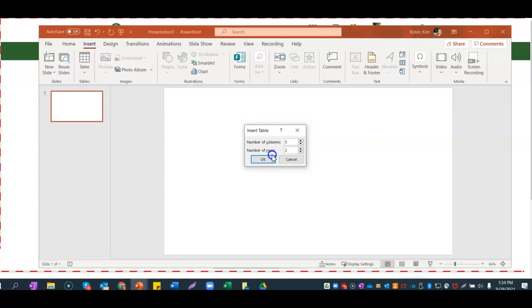So we need 1, 2, 3, 4, 5, 6, 7 columns. Okay, then you'll need 1 row for your title. We need silver, tungsten, and platinum. And then we also have 3 unknowns. So that's going to be 7 as well.